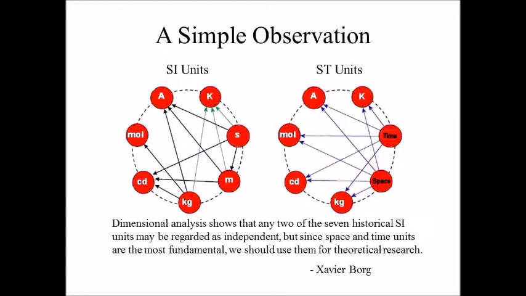And then what that did is that told him that, hey, all of these are interdependent. And through dimensional analysis, he found out that you could take any two of them and make the others dependent upon those two. So then he said, well, if you can do that, which two are you going to choose? And so since space and time seem to be the most fundamental, right? He said, well, we ought to do that. We ought to take those and make those.